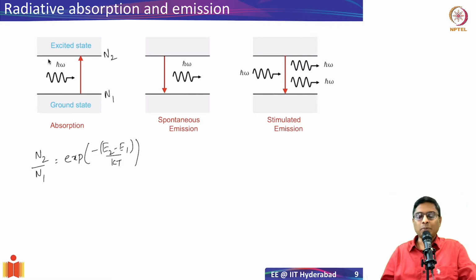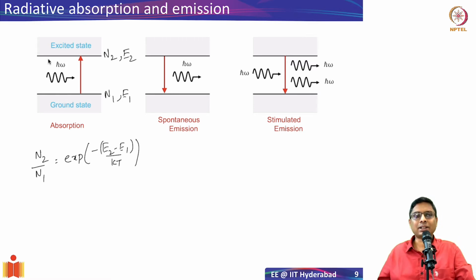So the ground state has population N1 and energy level E1, and the excited state has N2 and energy level E2. So you have this distribution of population. In general, what we expect is that the higher state will have fewer atoms. That's the basic phenomenon, in thermodynamic equilibrium. All right. So Einstein looked at what happens when you have, let's say, a photon incident on such a system.